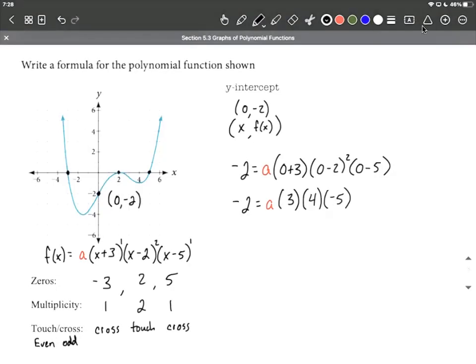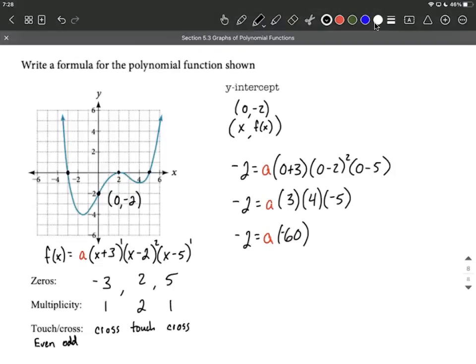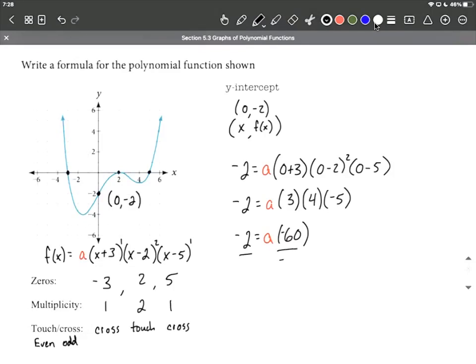And 0 minus 5 is -5. So at this point, we have a times, I think this all works out to be -60 on the right-hand side. To get a by itself, we'll divide both sides by -60. And with a little bit of simplifying, we're going to get a is 1/30.